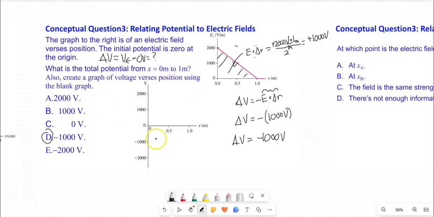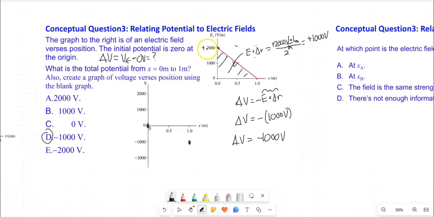Now, putting this in the graph right here, it's got to change by 1,000 volts. So it's starting right here, and then we know it's eventually going to reach negative 1,000 volts. Now the problem is this electric field is dropping off. So this is starting off with positive 2,000, right?